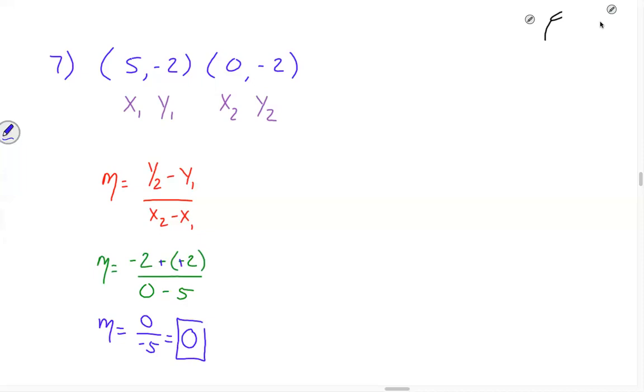Now, remember, Nate, that's 0, right? So this is my y-intercept. So my answer would be y equals 0x minus 2, or y equals negative 2.